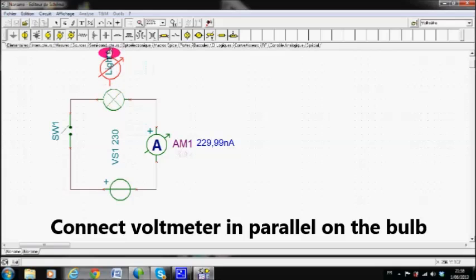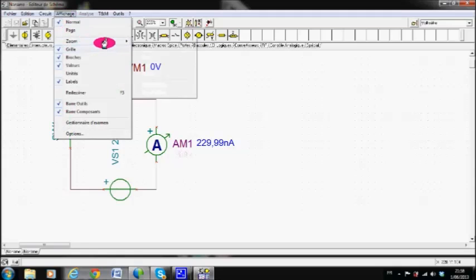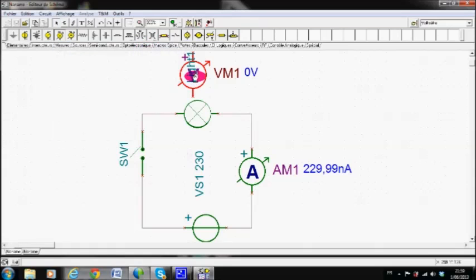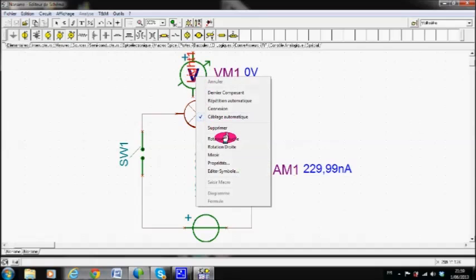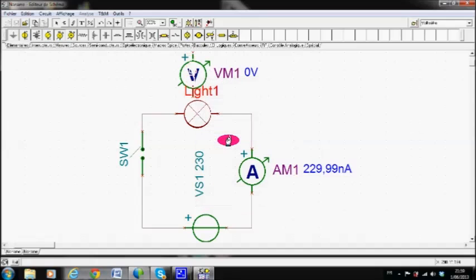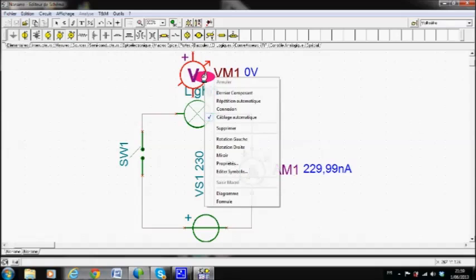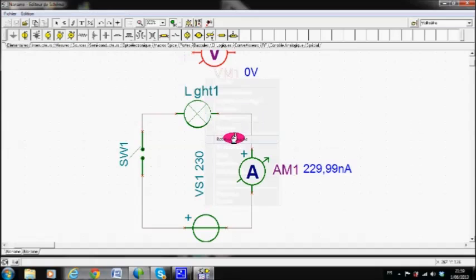I put it here in parallel. To see all my drawing, I zoom and rotate my light so I can see them all. This is my voltmeter.